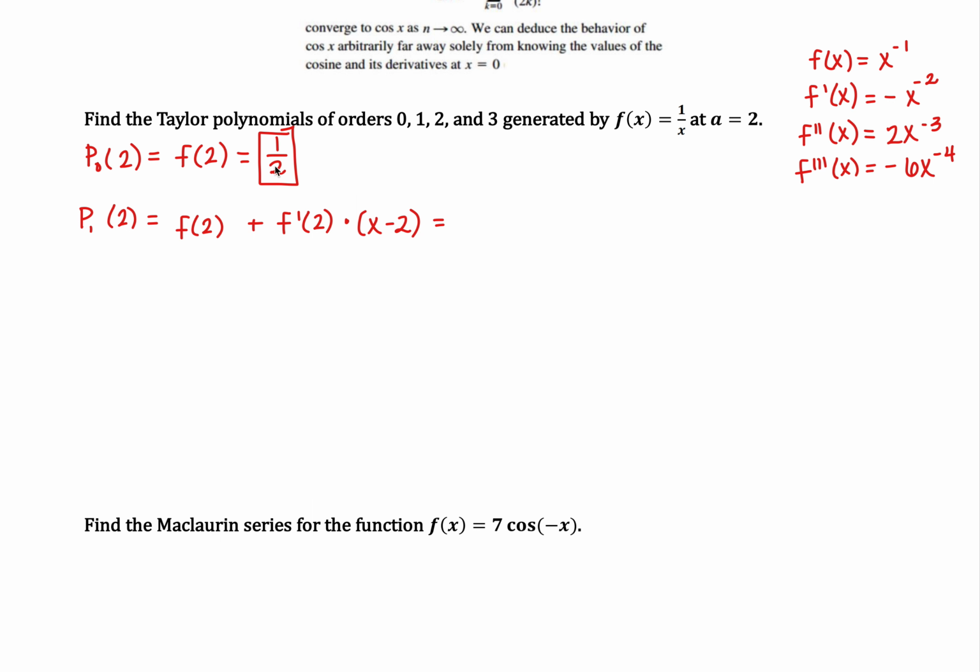Well, f of 2, we've already found it. It's 1/2. The first derivative evaluated at 2 is going to be negative, and this is 1 over x squared, so it'll be negative 1/4 times x minus 2.